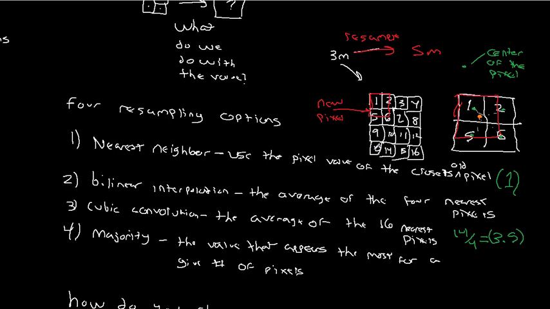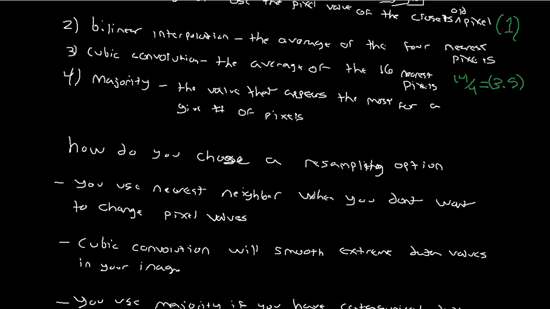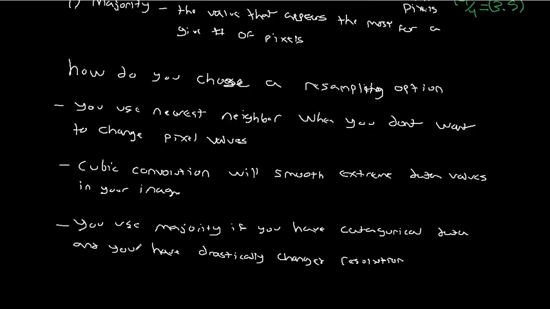You might want to go with a majority in that case. So again, use nearest neighbor if you don't want to change the pixel value. Use majority if you have categorical data and you're covering a large resampling change. And then use cubic convolution if you know you're trying to smooth out extreme values.